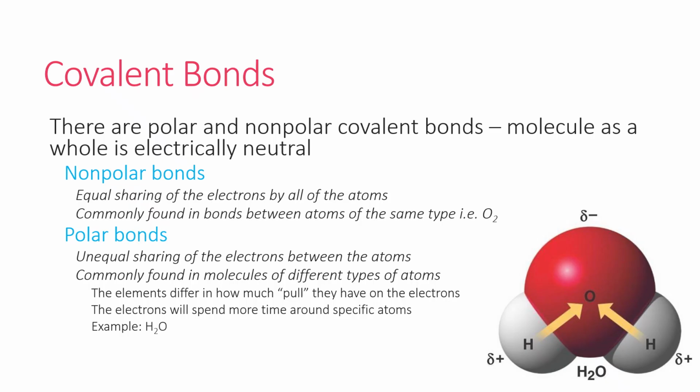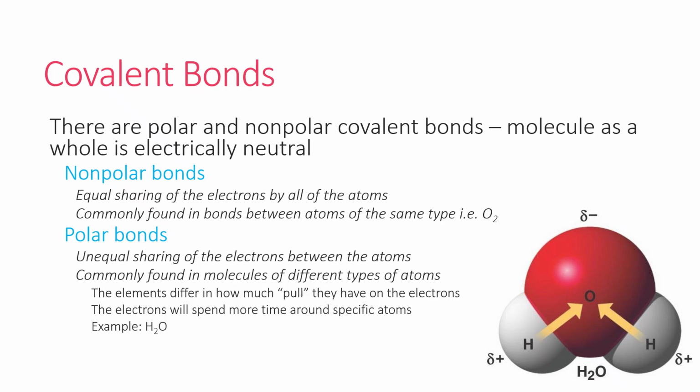This polarity of these bonds becomes extremely important, because it is going to allow us to make hydrogen bonds. This is what's known as a polar bond. We now have a negative pole and a positive pole because of the unequal sharing of electrons.